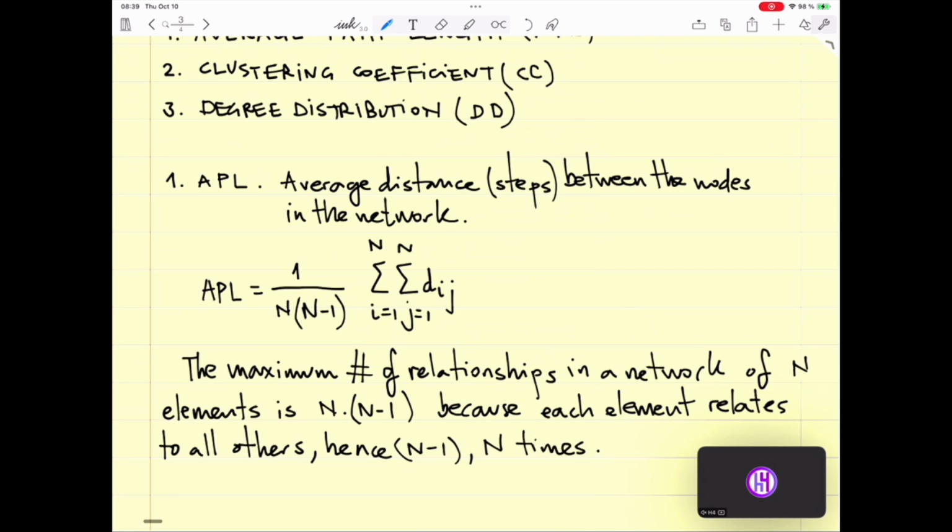I am a member, I relate to all of you, so we have n minus 1 relationships, and this repeats n times. That's why the maximum number in a network is n times n minus 1. Does this make sense?